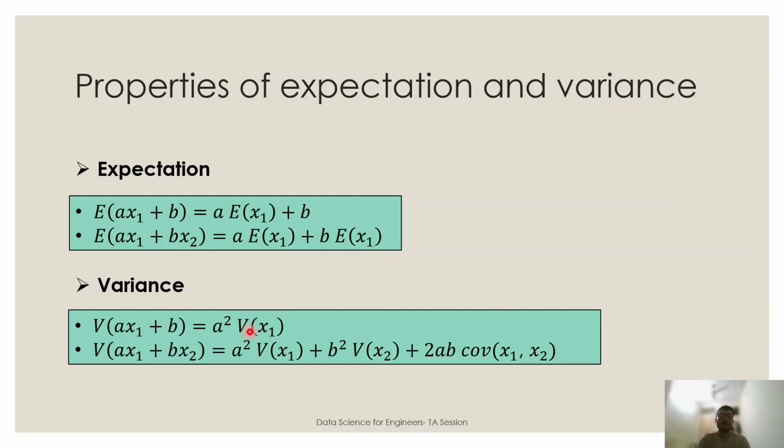Here your variable is present, V of x1, but with respect to b, the variable is not present, so it will become 0. So it's a square V of x1. When there are two variables, it's like a kind of equation: a square V of x1 plus b square V of x2 plus 2ab covariance of x1 and x2.